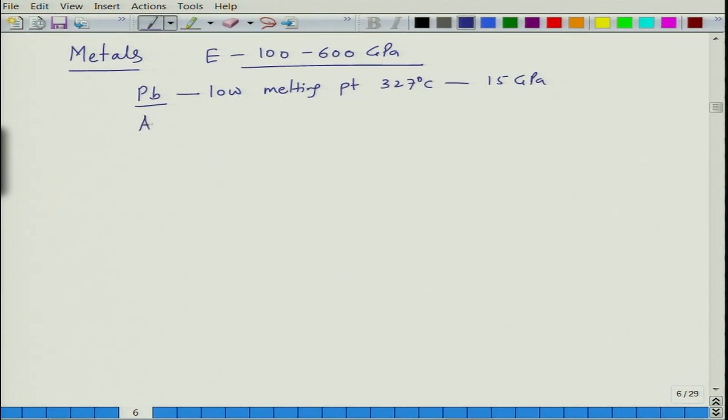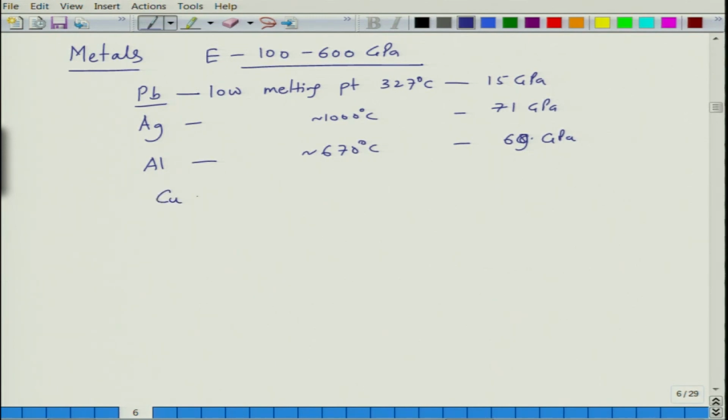If you go to silver, silver is not a very high melting point material, close to 1000 degrees centigrade, and its modulus is 71 GPa. If you go to aluminum, aluminum is approximately 670 degrees centigrade, and this has a modulus of 68 or 69 GPa.